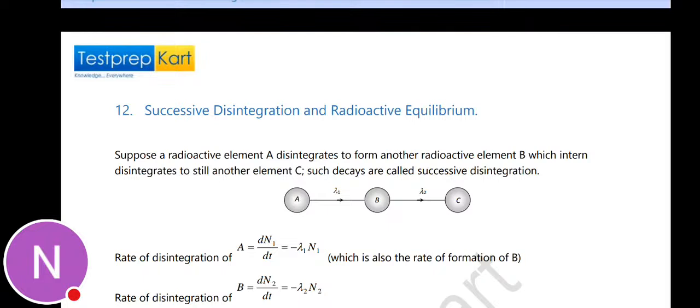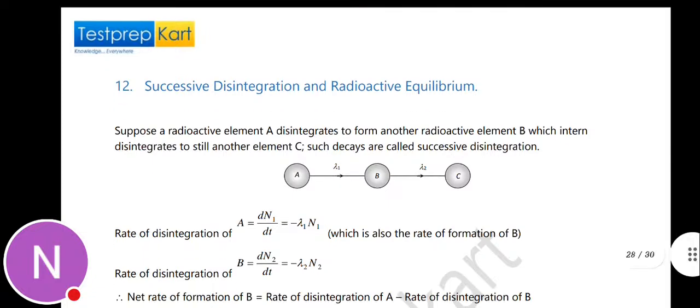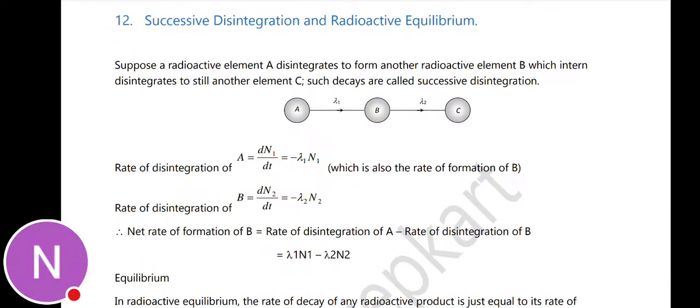Decays that get disintegrated two or three times are called successive disintegration. See here, they are given as A to B to C.